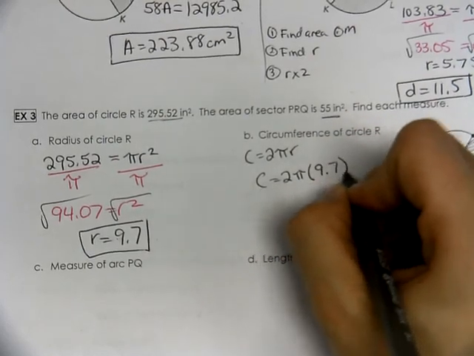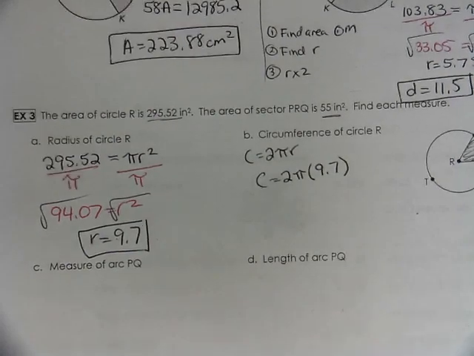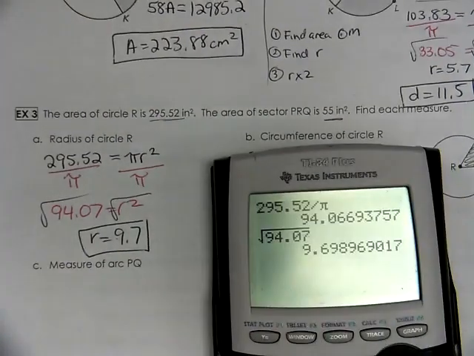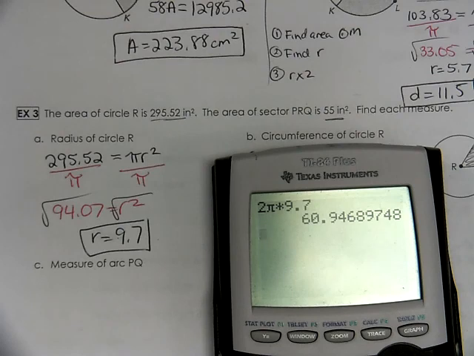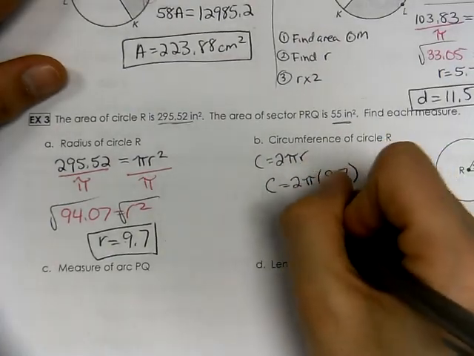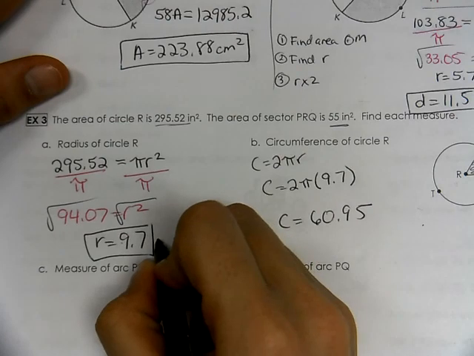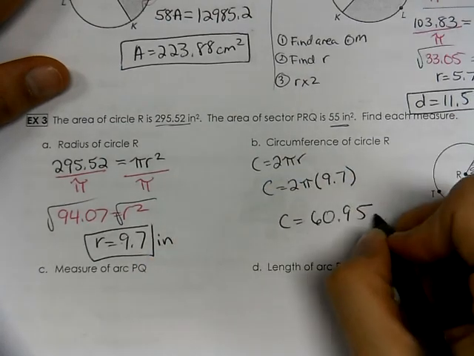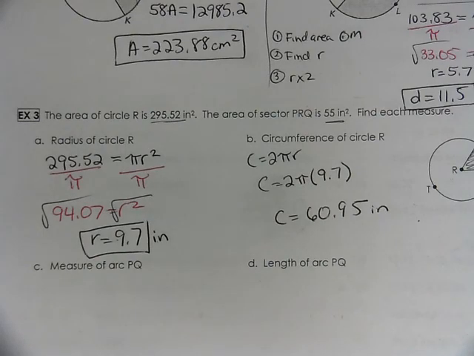It's 2 pi times 9.7. 60.95. Now let's do units. This is inches. Remember, circumference, the units are the same.